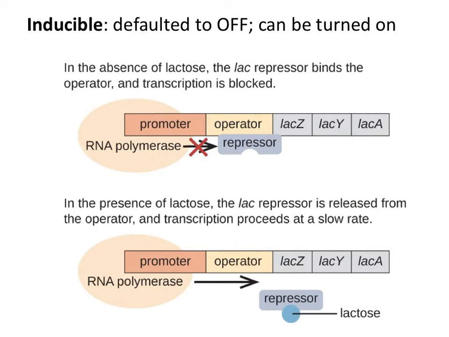Inducible operons are usually off. We can turn them on. So in this case, we're looking at the lac operon. The repressor is usually bound, but I can remove it by having lactose present.